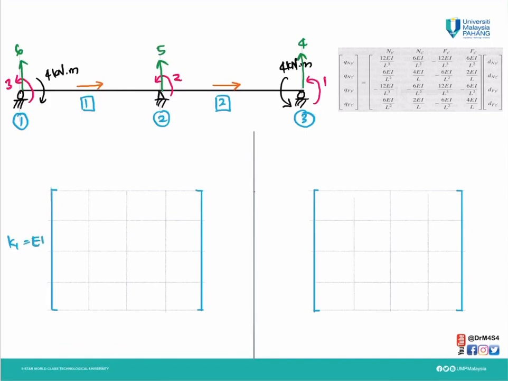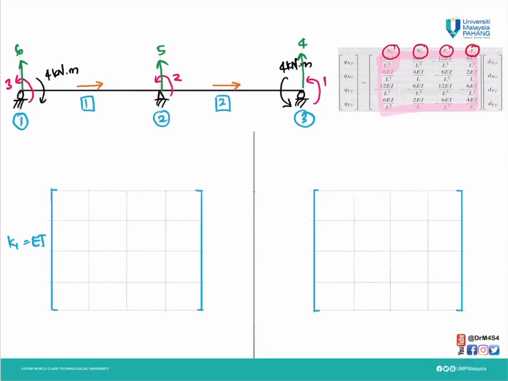Take the EI out, then assemble those values inside that matrix, which is all these values. But bear in mind, you have to do numbering for member number 1, which is NY, NZ, FY, FZ.